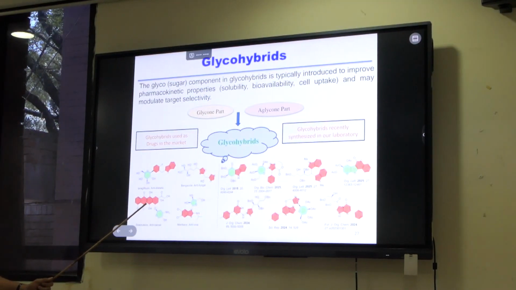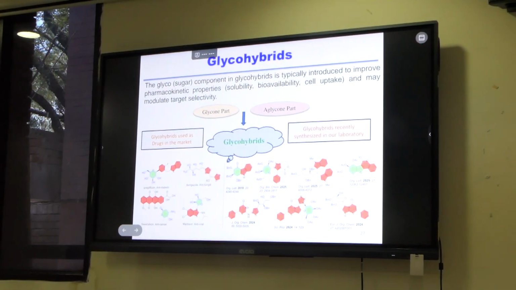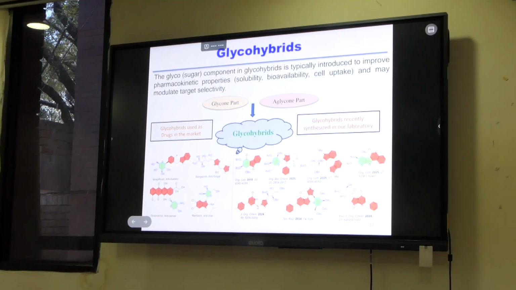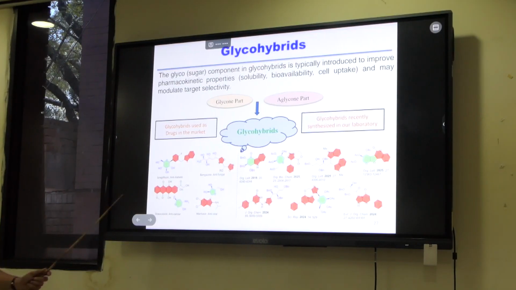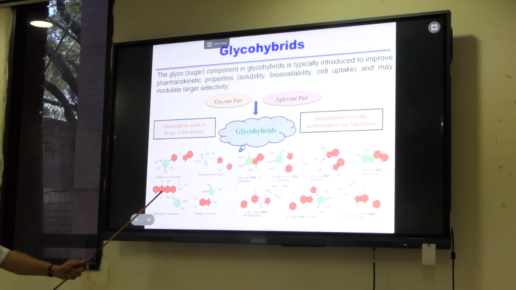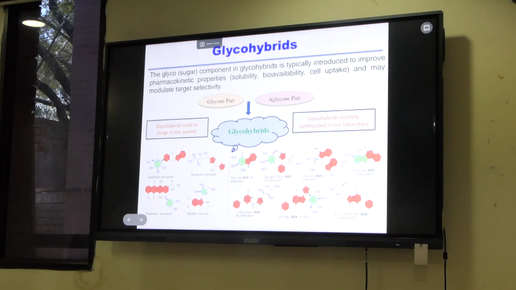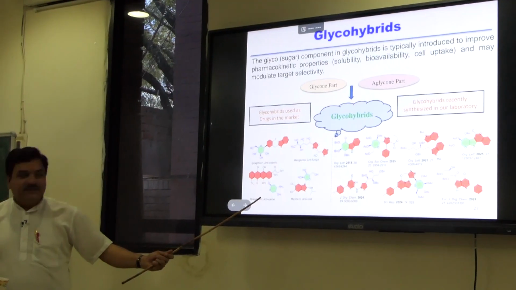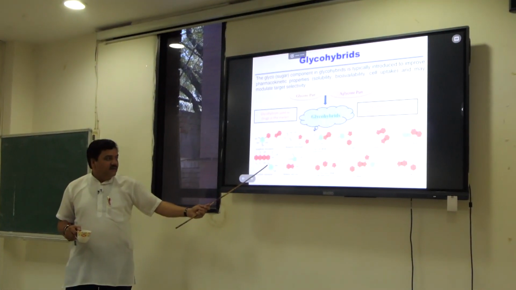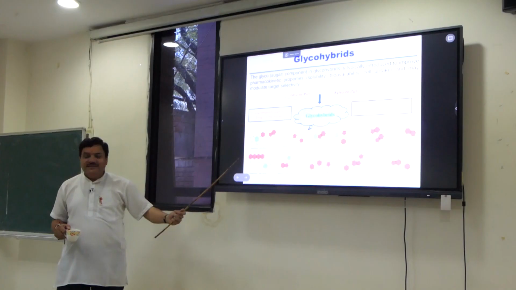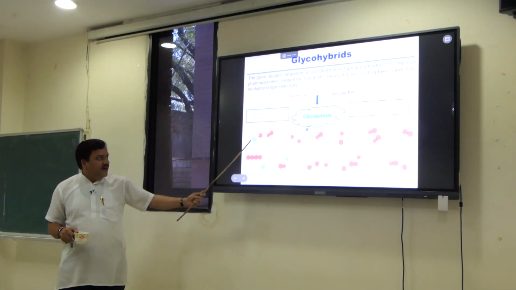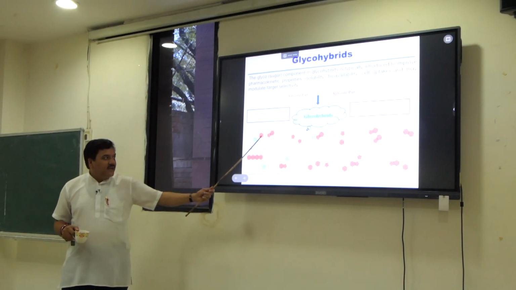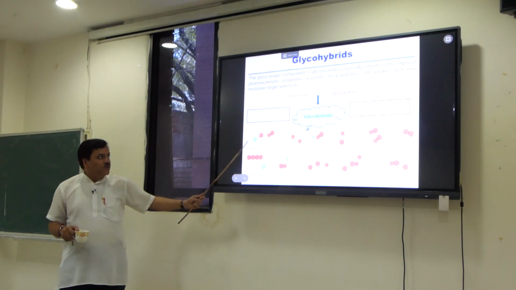These are glyco-hybrid structures which are currently used as drugs. For example, you are all familiar with this molecule, I hope, doxorubicin, an anti-cancer drug. If you see this molecule, this red highlighting is the privileged scaffold, and this part here is a sugar, an amino sugar. This part is an anti-diabetic molecule, currently used as a drug, where you have this benzothiazole and then the sugar part in it.